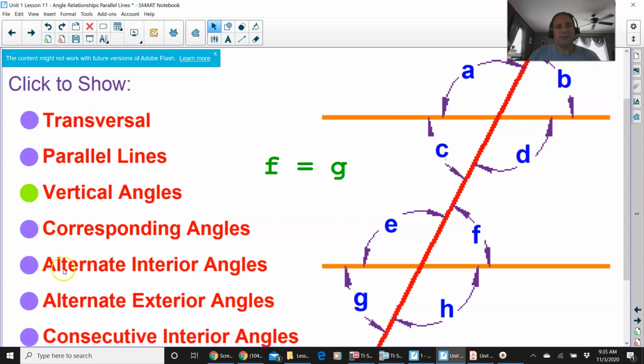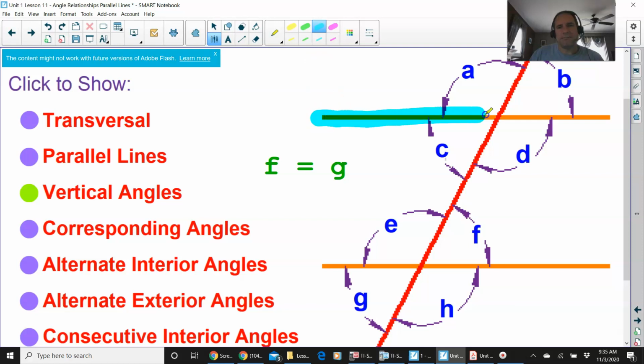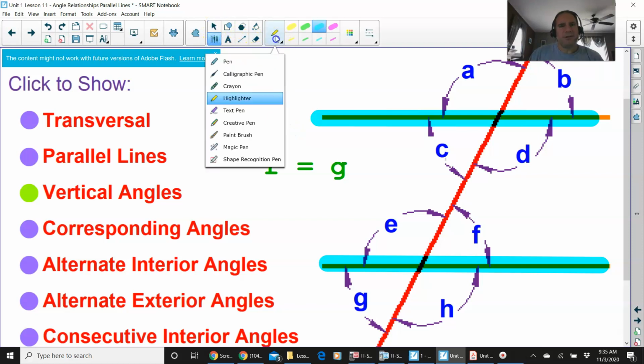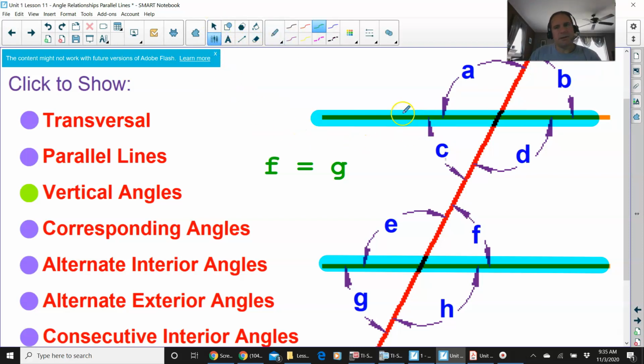We are going to skip to alternate interior angles, and what I'm going to do right now is just highlight the parallel lines. I'm going to highlight one parallel line there and one parallel line here. Those parallel lines to me look like part of a sandwich. I'm always hungry.